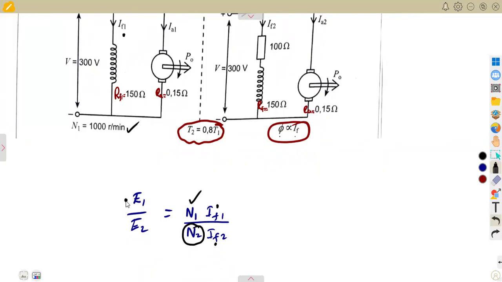We do not have E1. We do not have E2. So we need to calculate these. Whatever you can calculate, write it aside, calculate, write it aside. That is how you answer these questions. As simple as that. You just need to work with more questions.